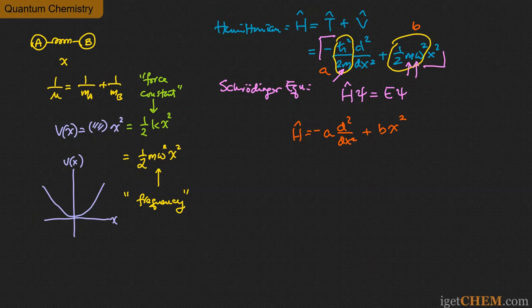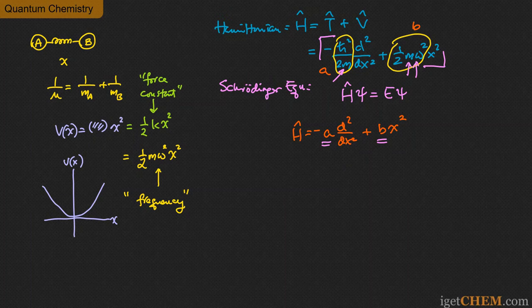Now, of course, the mass and omega are two independent parameters, so depending on the system that you have, you will have a different combination of m and omega. So that's why you have two coefficients, A and B, because they essentially reflect the fact that you should have two independent parameters in the system.